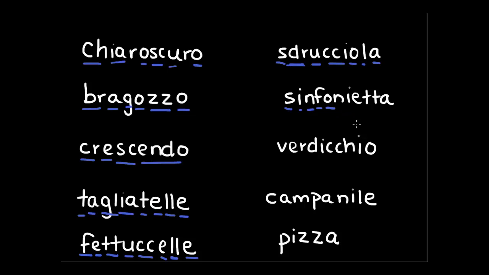It's sinfon, and then it's yetta. And that's probably why it's not a GN here, and that's why it's an N-I-E-T-T-A instead of a GN. Also, because it comes from symphony is another reason why it's not GN. So it's going to be GN 99% of the time. There are just some little examples where it's not, and this is just one of them.